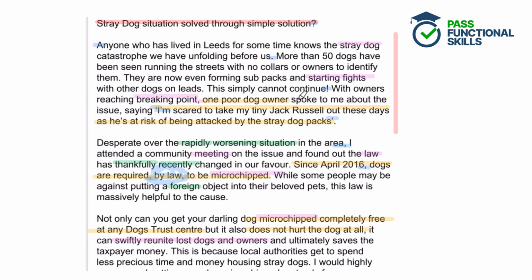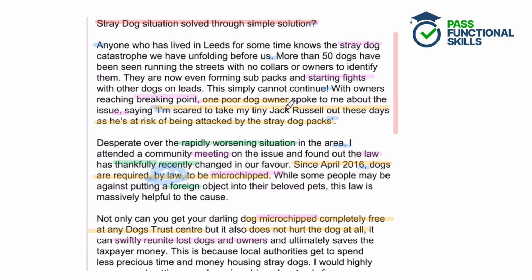So one poor dog owner spoke to me about the issue, and then we have another comma there to separate out the sentence and link to the quotation from the owner. So the different parts of the sentence follow on from each other in a really logical and cohesive way. We've also got lots of connective words.